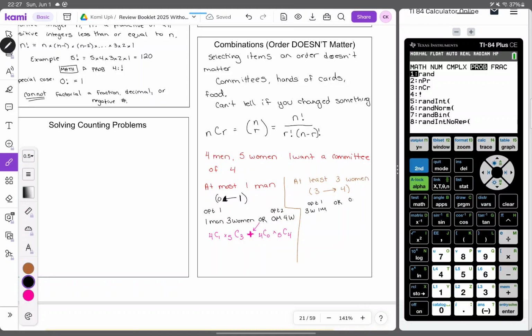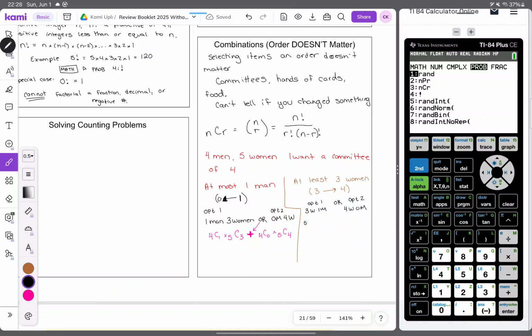Or my option 2, and we could have option 3, option 4, option 5, just depending on how many or where we started with at least or at most. So in this one, we have 4 women and 0 men. So you can see it's going to look very similar to this one.